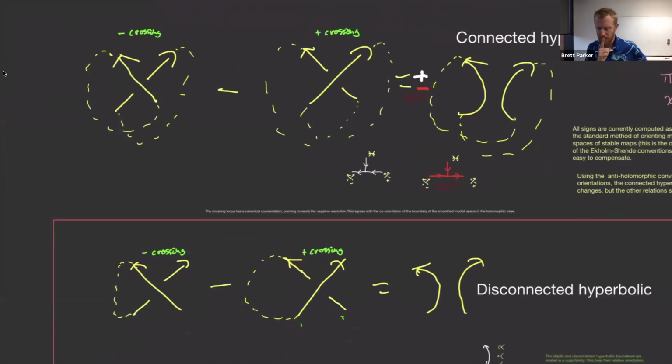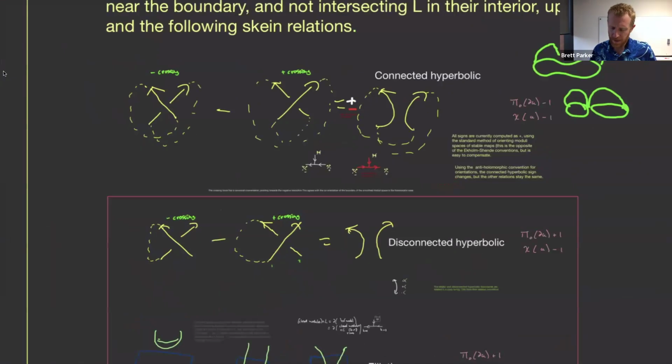Okay, so I've been spending quite a few sleepless nights thinking about exactly what the signs need to be to make everything work out. But I'm sure you don't want to see me do that.